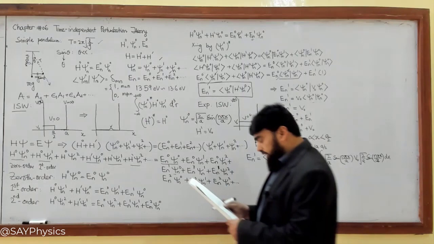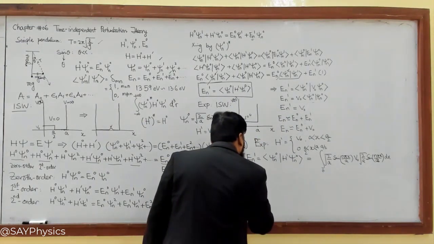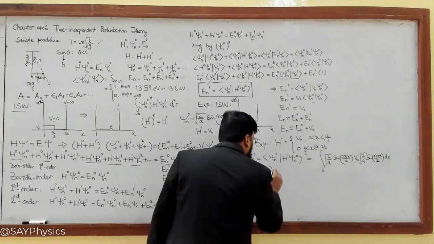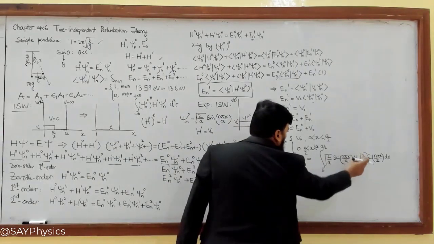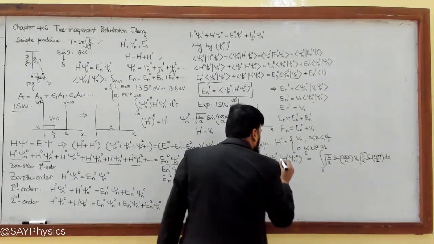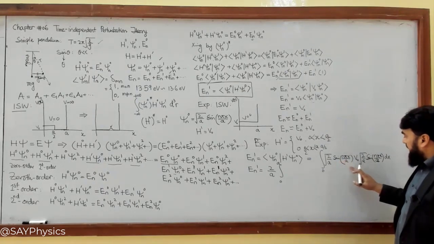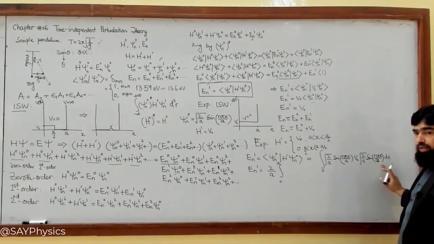Now this integration can be solved like, let me first simplify this one. En1 will be equal to 2 over a and 2 over a square root, so the square root will be gone. And from 0 to a, what about this one? Sine n pi x over a, sine n pi x over a.